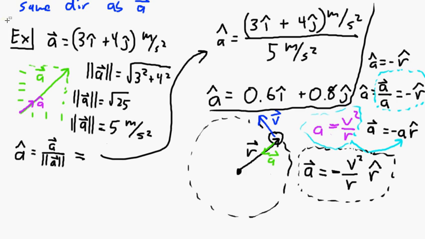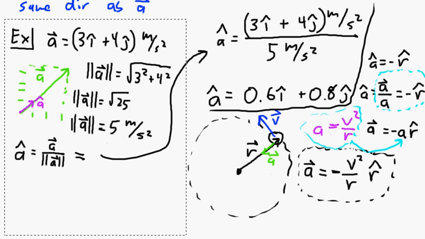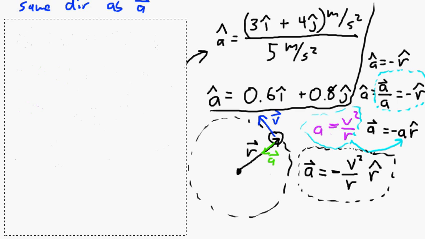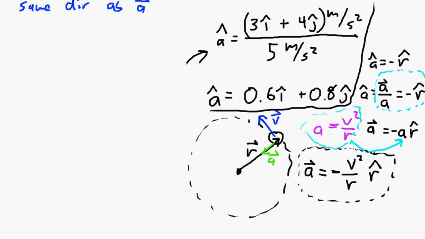Let me just cut out some space here. An example where we have uniform circular motion, like this picture here. We're just going to co-opt this picture, and we're going to say the magnitude of its velocity is, let's say, 6 meters per second.